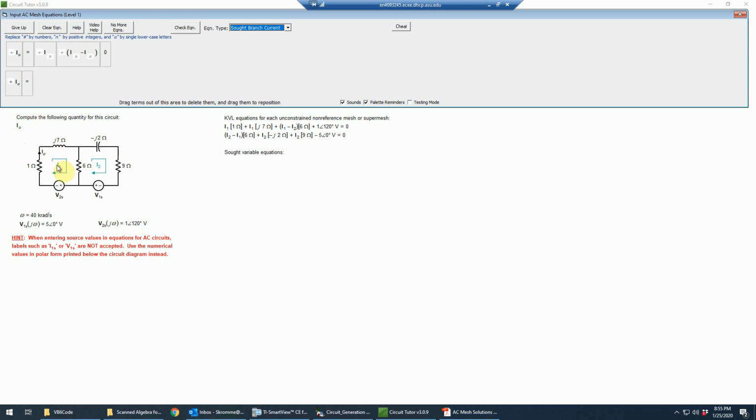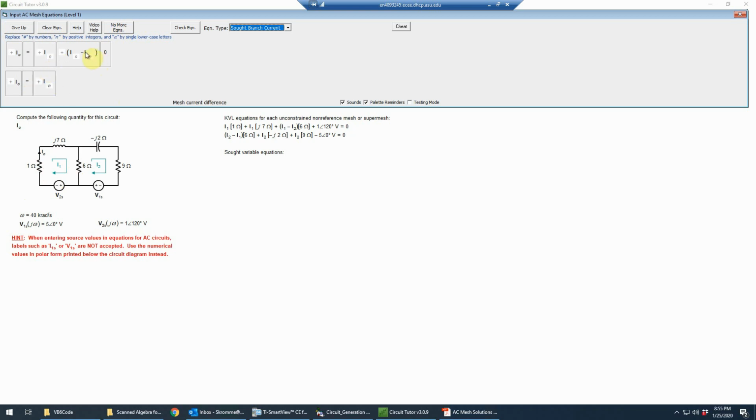So we see that a single mesh current, since the outer mesh current has been defined to be 0, being the reference mesh, the single mesh current only goes through this resistor and does so clockwise, which is going up, therefore, in agreement with the direction of I naught. So therefore, I just need a single mesh current term here.